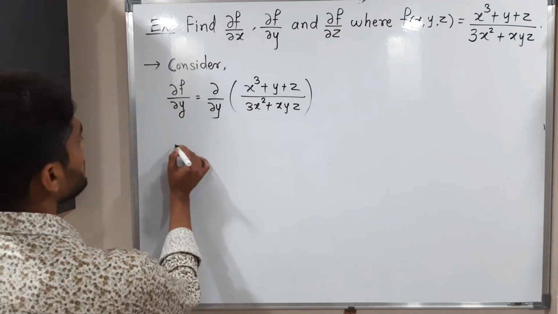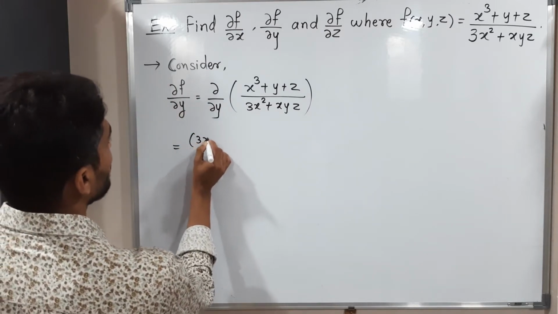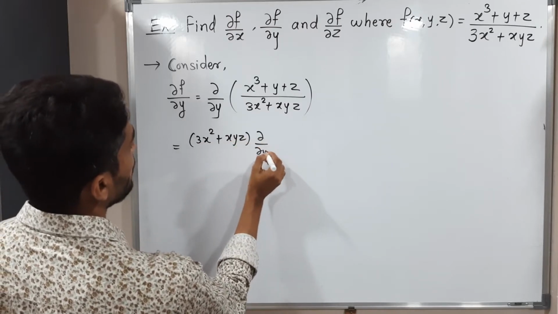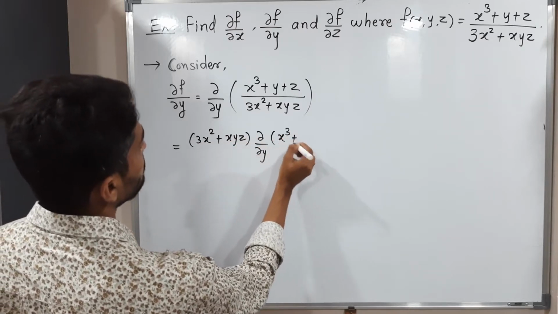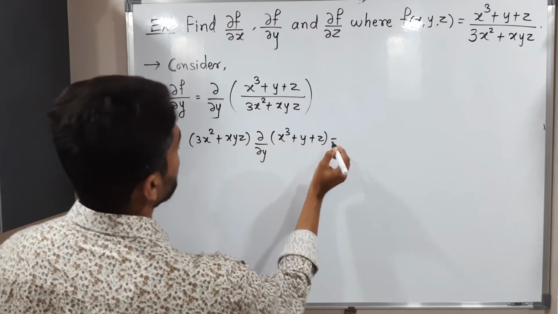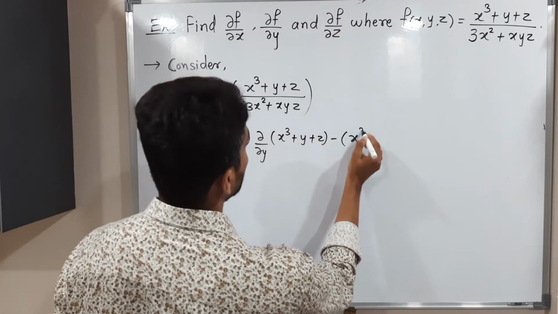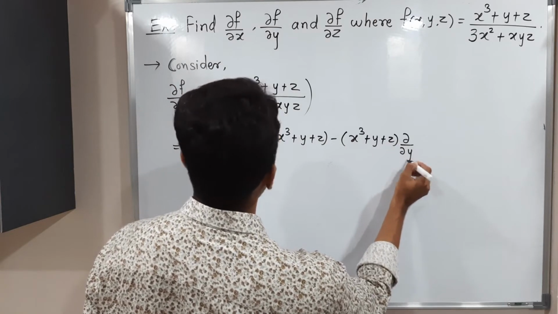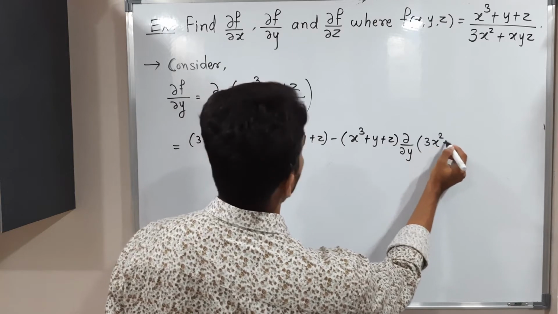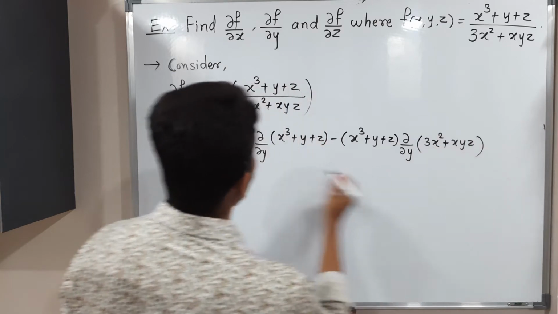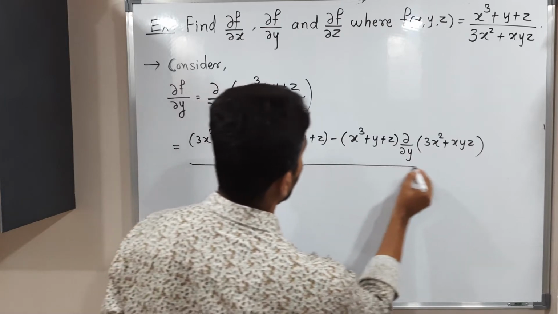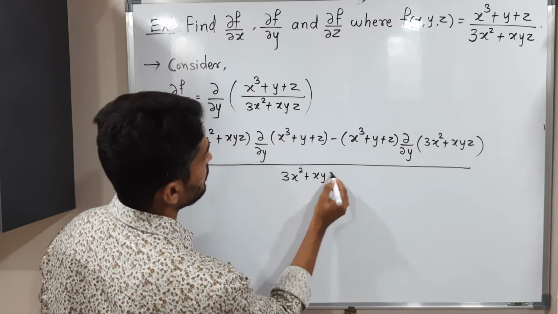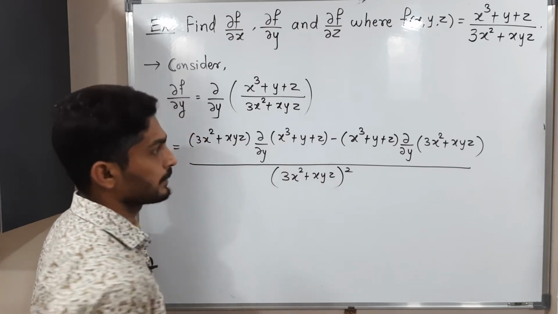That formula says this is equal to denominator (3x² + xyz) into derivative of numerator, minus numerator into derivative of denominator, whole divided by (3x² + xyz) whole square.